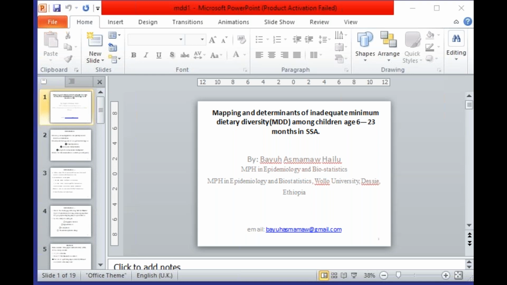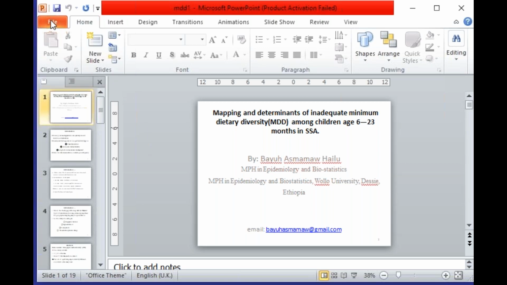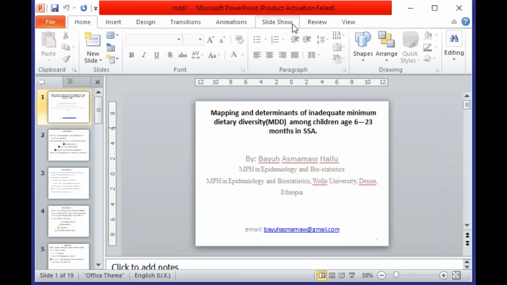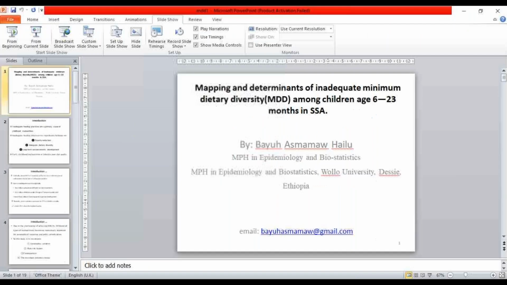Did you see the File, Home, Insert, Design, Transition, Animation, and Slideshow tabs? Yes, we can see your screen.